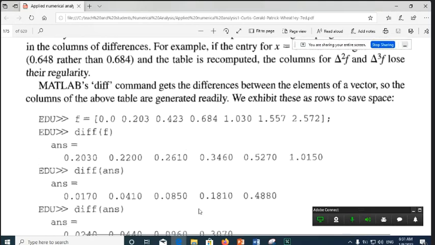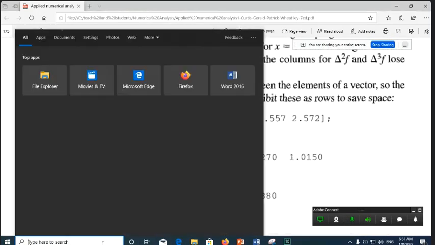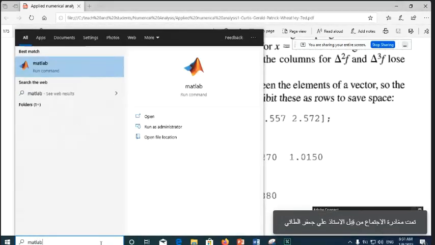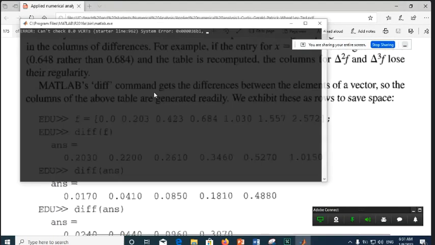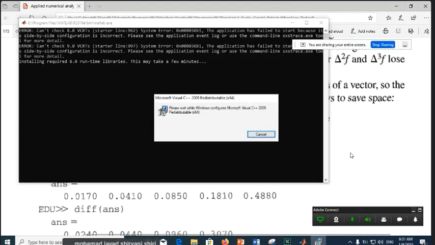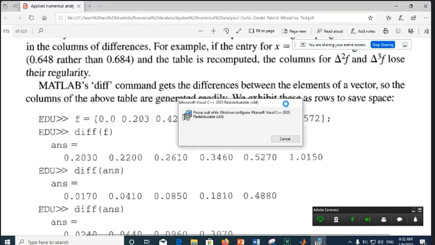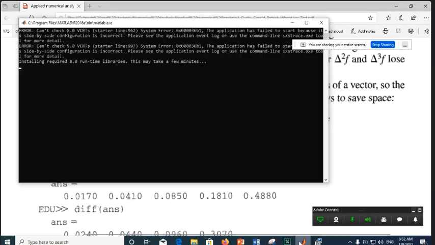Let me experience this concept in MATLAB. My system gives me errors.